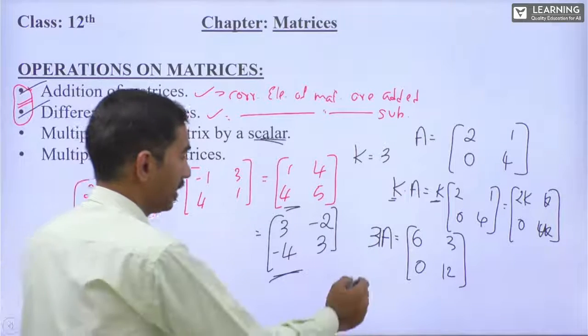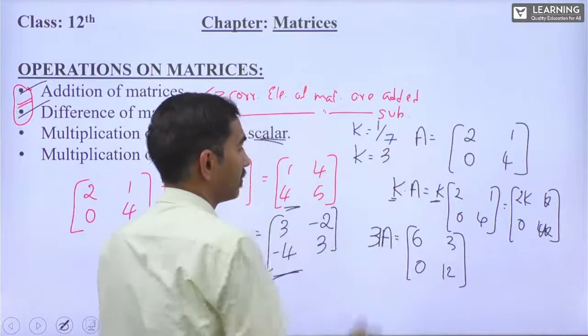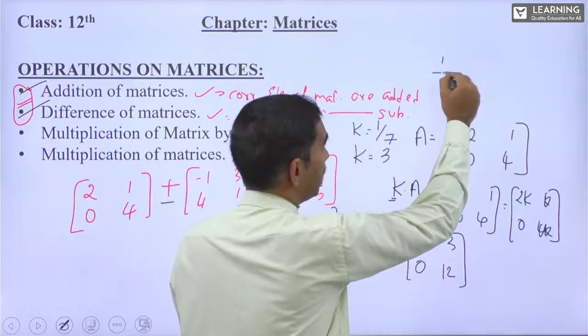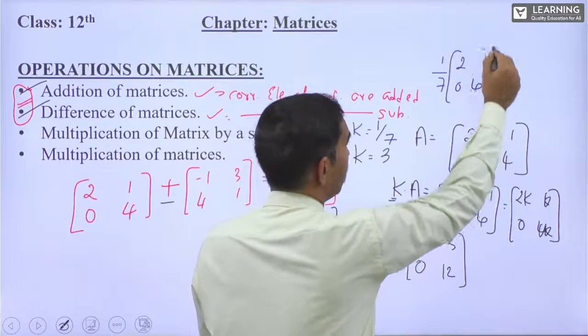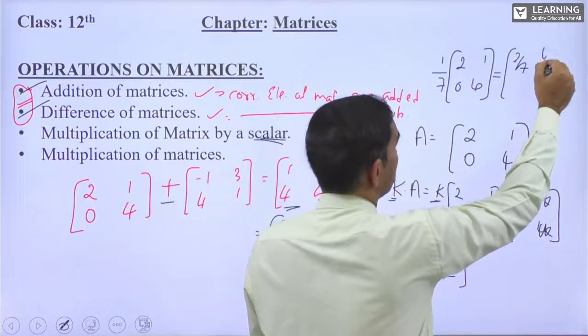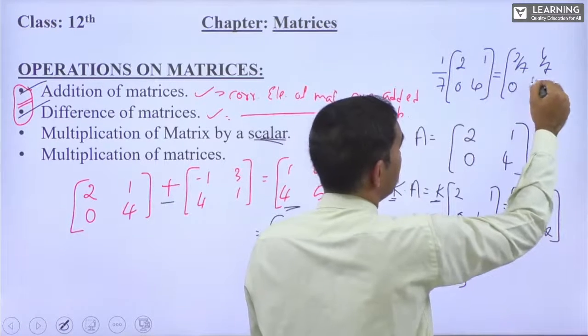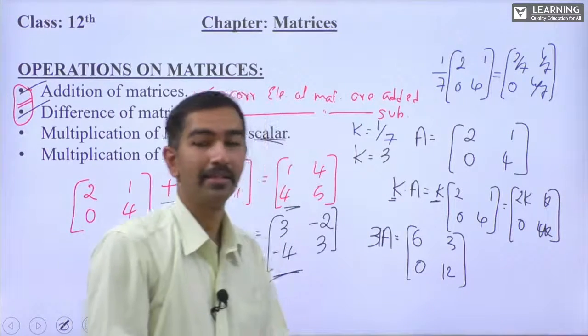Let us take K equals 1 by 7. So this again can be written as 1 by 7 of 2, 1, 0, 4. This is equal to 2 by 7, 1 by 7, 0 and 4 by 7. 0 by 7 is 0 only.